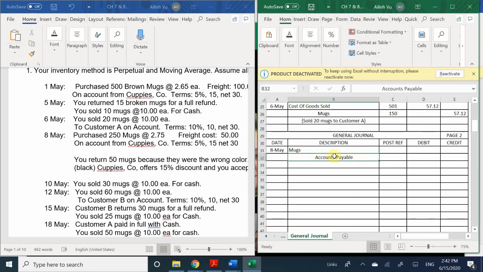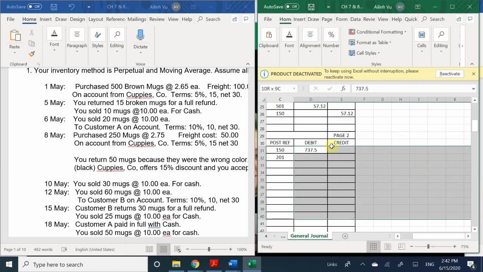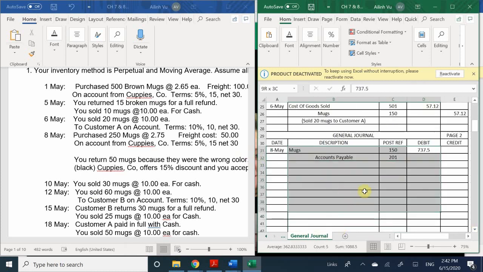So here, mugs for $150, and my accounts payable is $201, and I got it for $737.50.